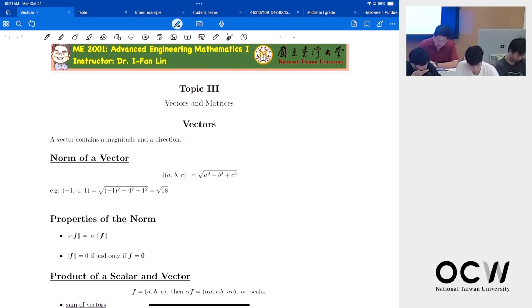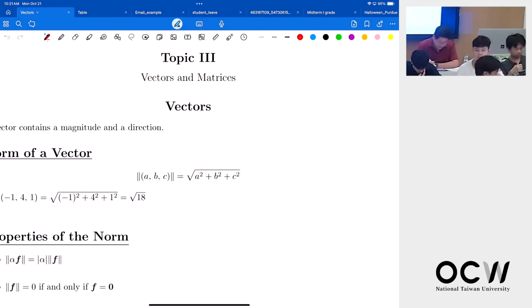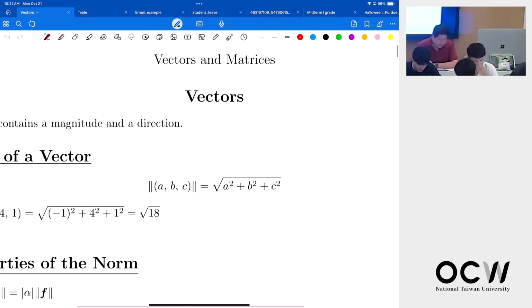A vector contains a magnitude and also a direction. In your first year, when you studied statics, we learned that velocity, acceleration, and force are vectors because they contain a magnitude and a direction.